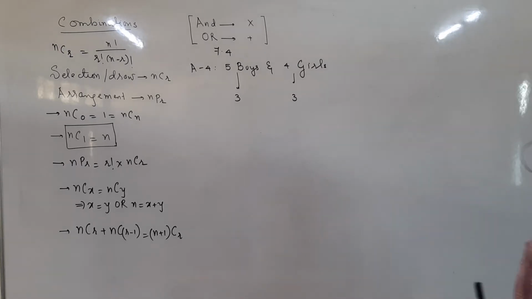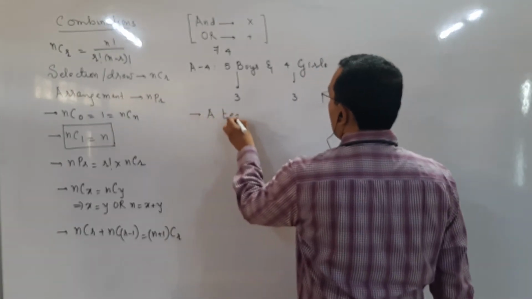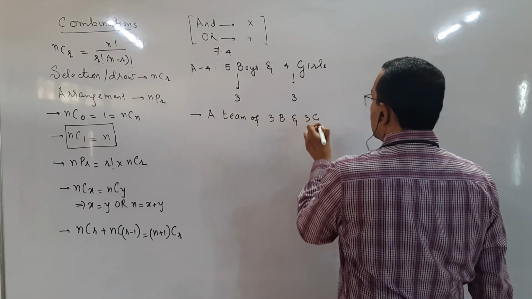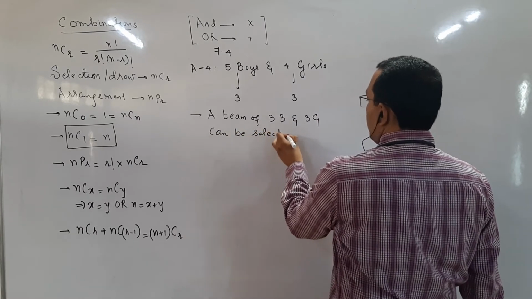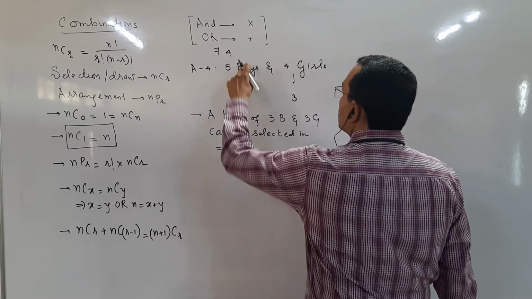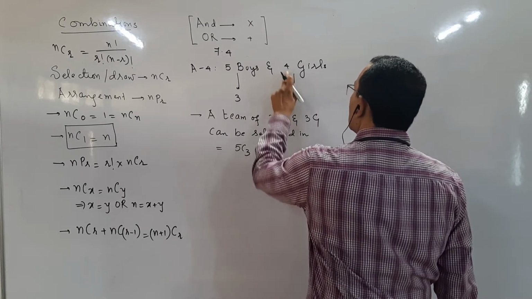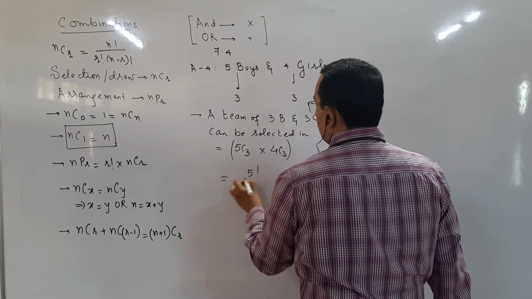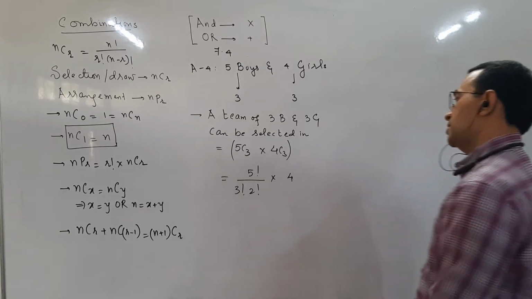So a team of 3 boys and 3 girls can be selected in 5C3 out of 5 boys, and 4C3 out of 4 girls. So this is 5 factorial upon 3 factorial into 2 factorial, and this is 4.